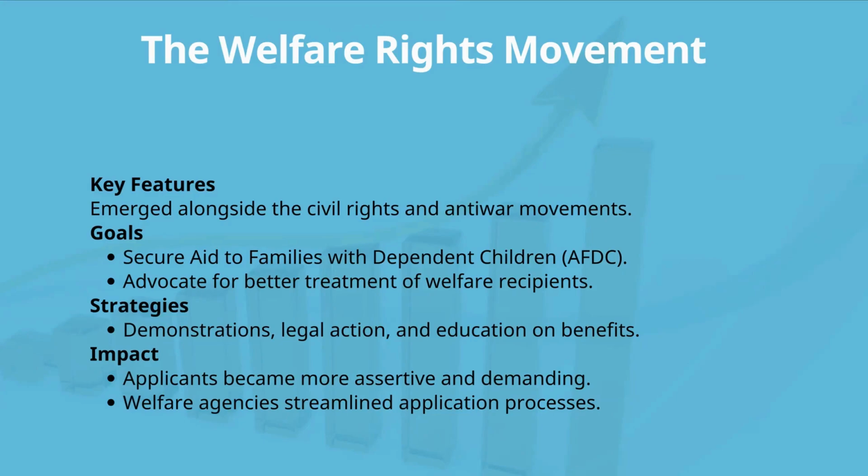Also, it aimed to make sure that demonstrations, legal action, and education benefits were being implemented for individuals in need of assistance. An example is the National Welfare Rights Organization, which helped, and still helps, families advocate for faster benefit approval.